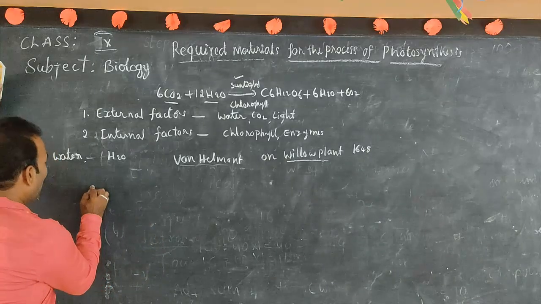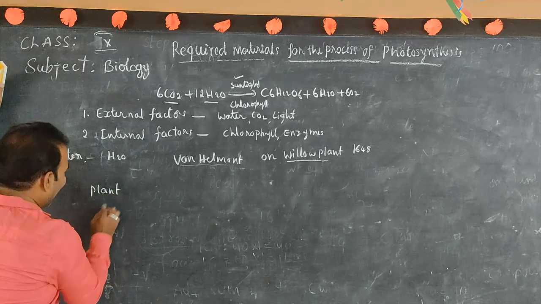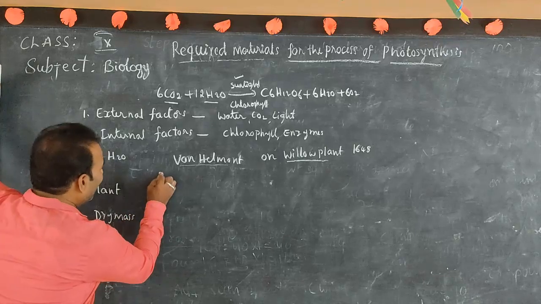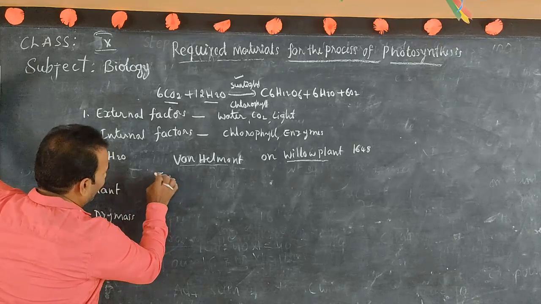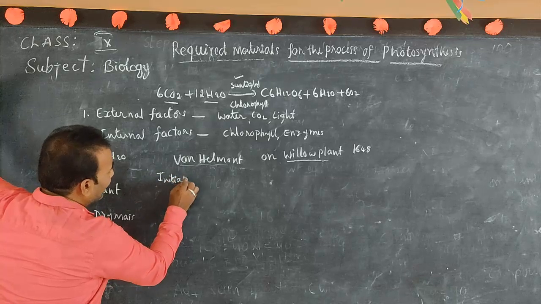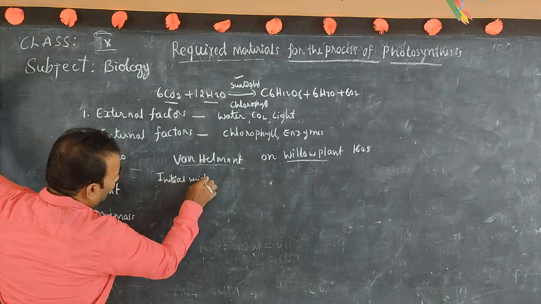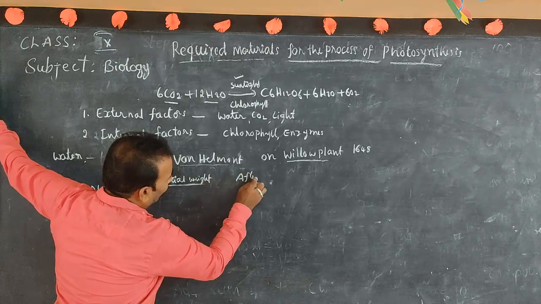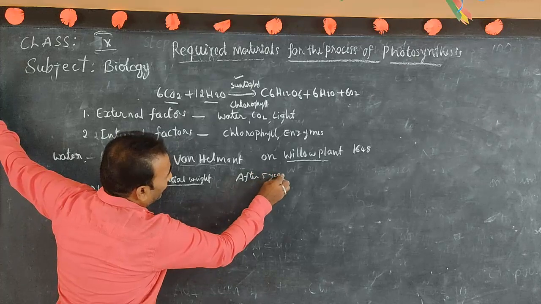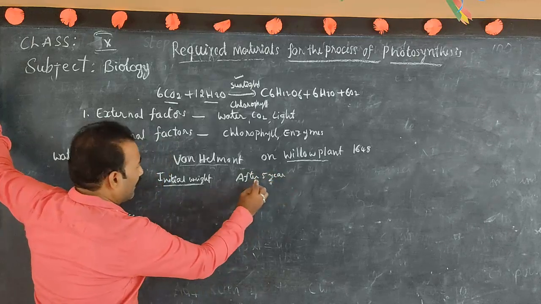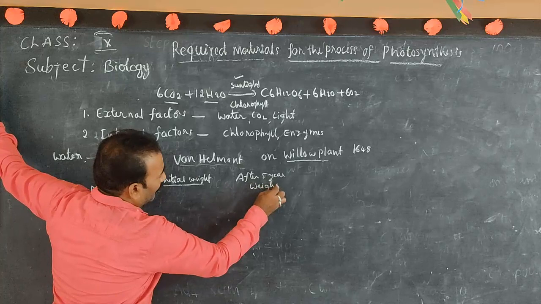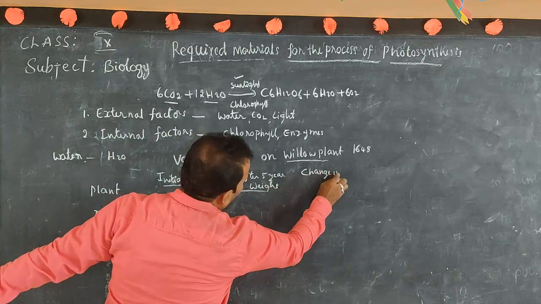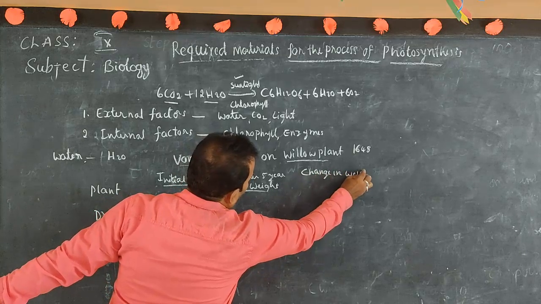Look here: plant dry mass, initial weight, weight after 5 years, and change in weight.